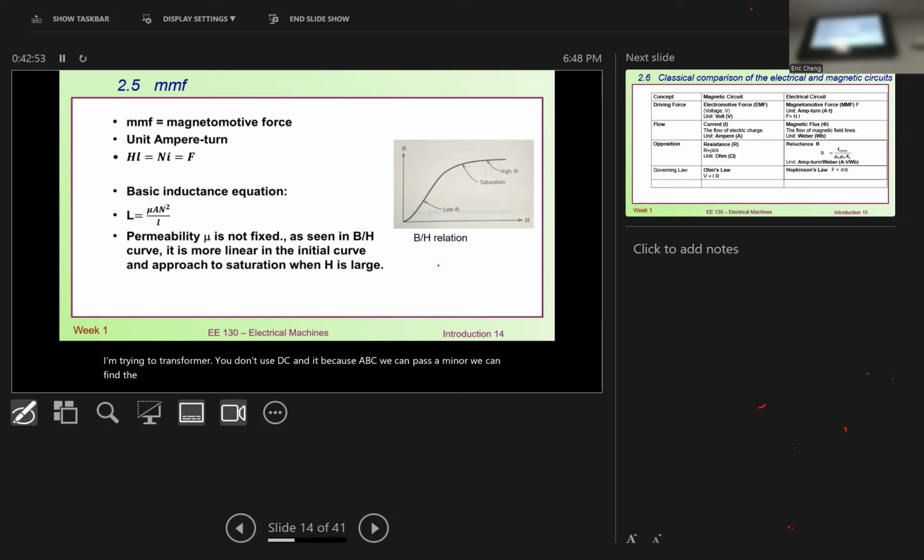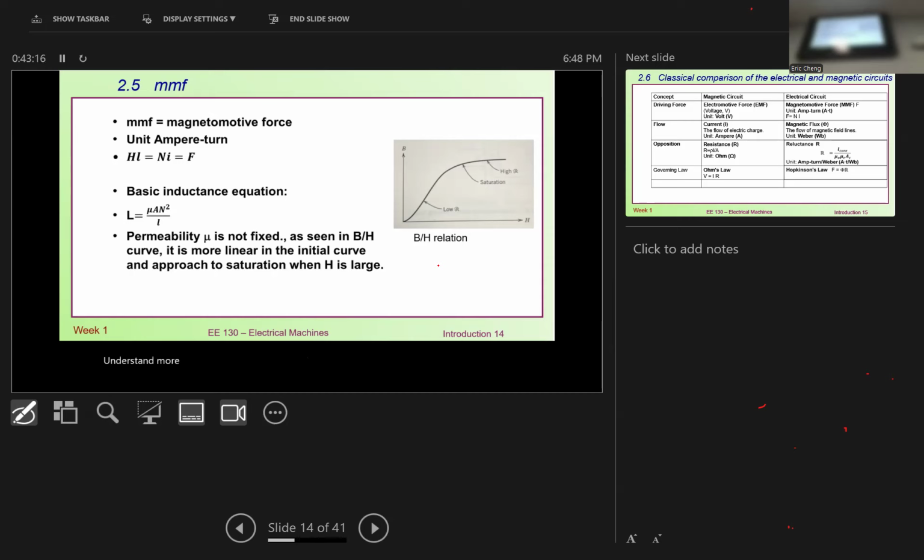But DC is always the same magnetization, so the core will eventually get saturated. So for a transformer, we don't use DC. That's another scenario we will learn in the field. If you study electromagnetics, then you can understand more about it.